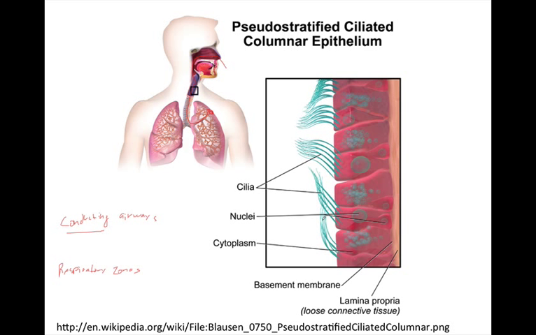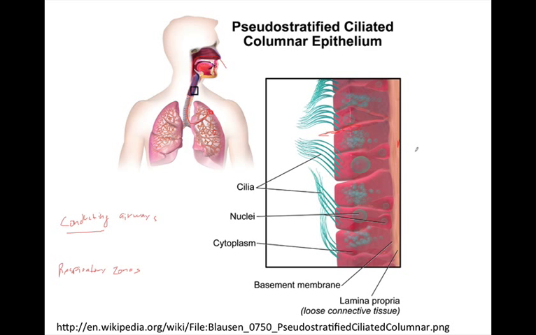Now, the ciliated epithelium is going to vary depending on where you're at in the conducting airways. Some areas are going to contain goblet cells, some aren't. Remember, goblet cells produce and secrete mucus. Once we get further into the lungs, into the bronchi, we don't really see this pseudostratified columnar epithelium anymore.